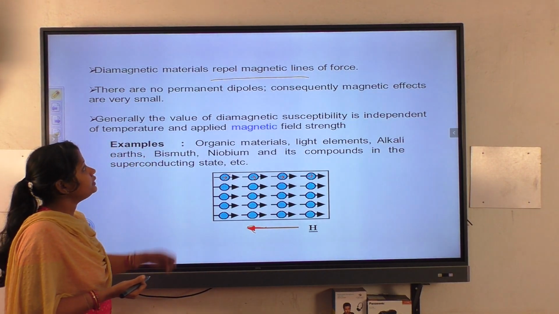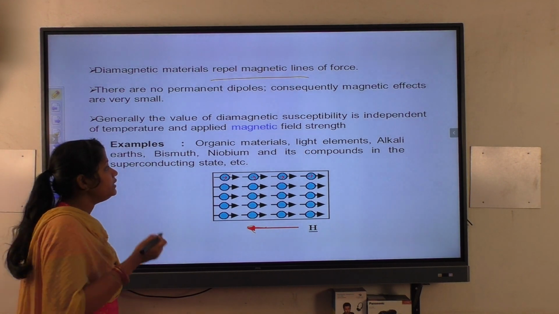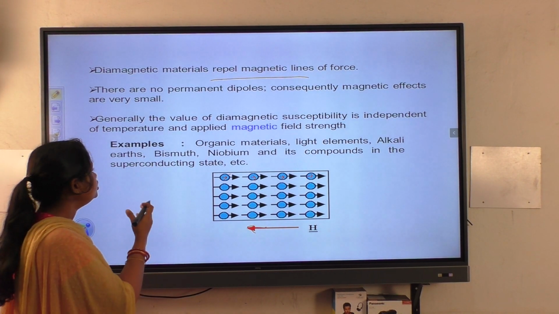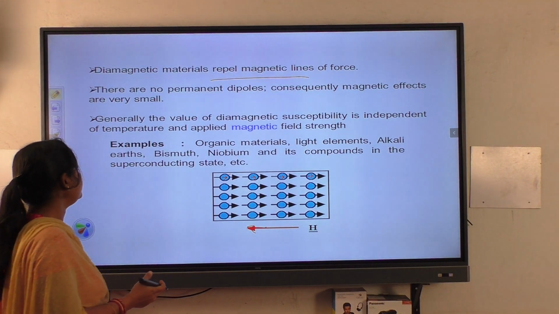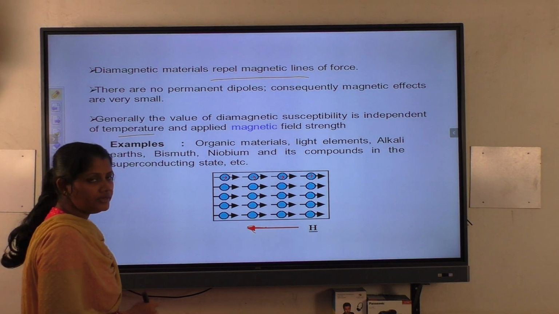There are no permanent dipoles, consequently magnetic effects are very small in case of diamagnetic materials. Generally, the value of diamagnetic susceptibility is independent of temperature and applied magnetic field strength.